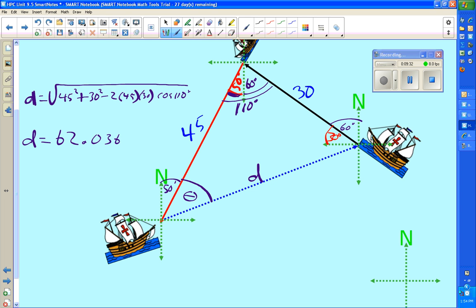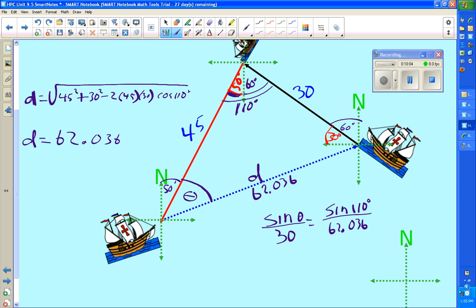All right. How are we going to find it? What's the equation going to be? Sine of theta over 30 is going to equal sine of 110 over 62.036.